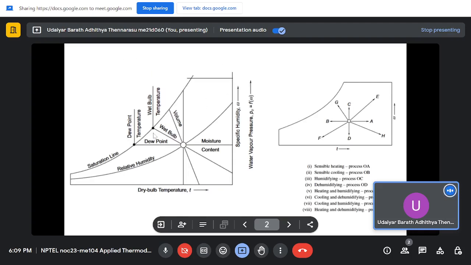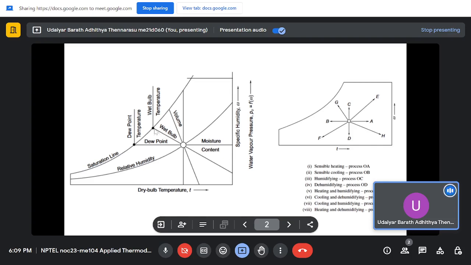If you see here, this is the 100% saturation line. The wet bulb line and the dry bulb temperature both merge at the saturation line, and at this point the dry bulb temperature and wet bulb temperature will be equal.